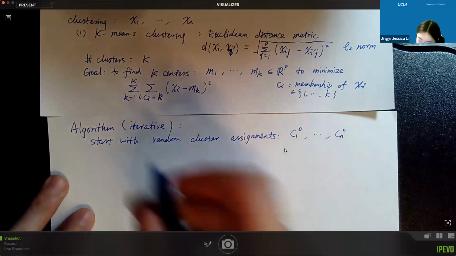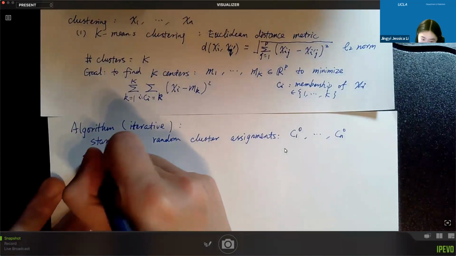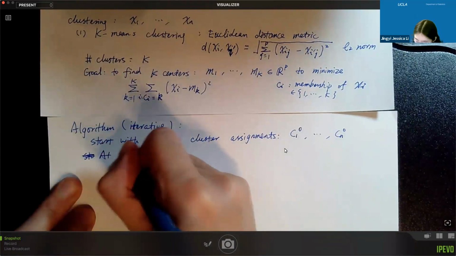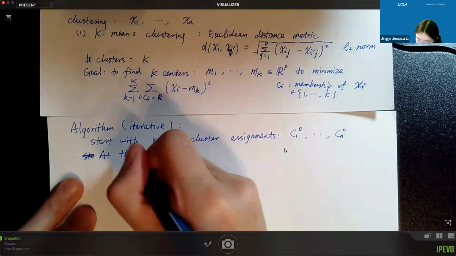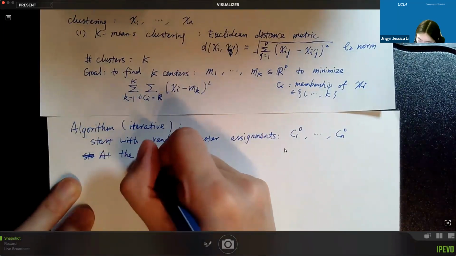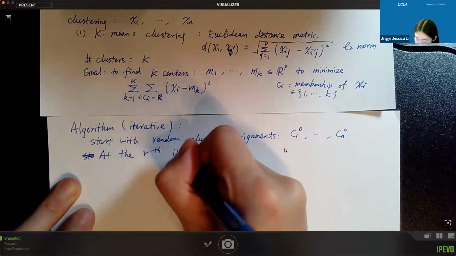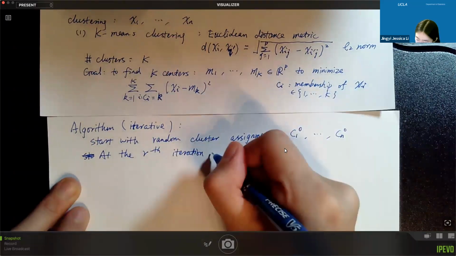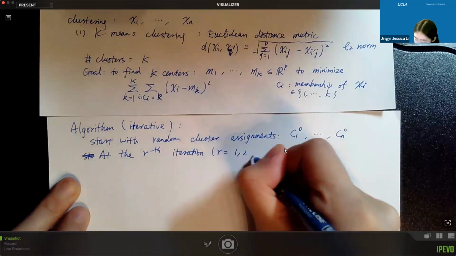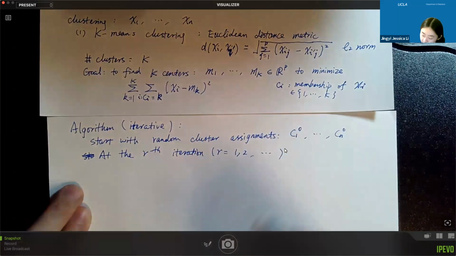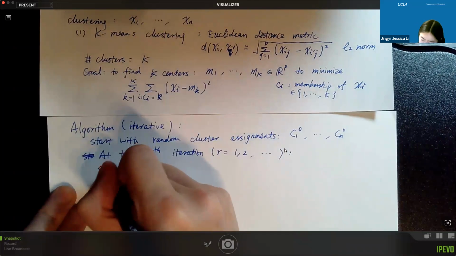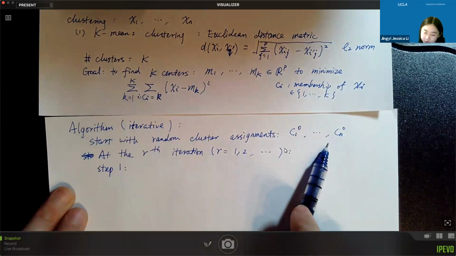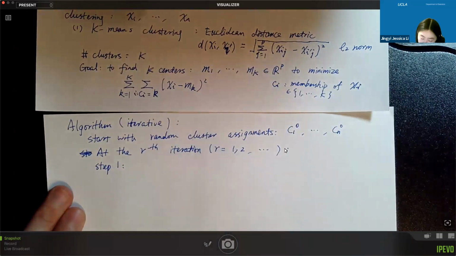Okay, then in step 1, let me use the name rth iteration. Here the r is 1, 2, and so on until convergence. So in the first step, I will use the existing assignment to find the cluster centers.